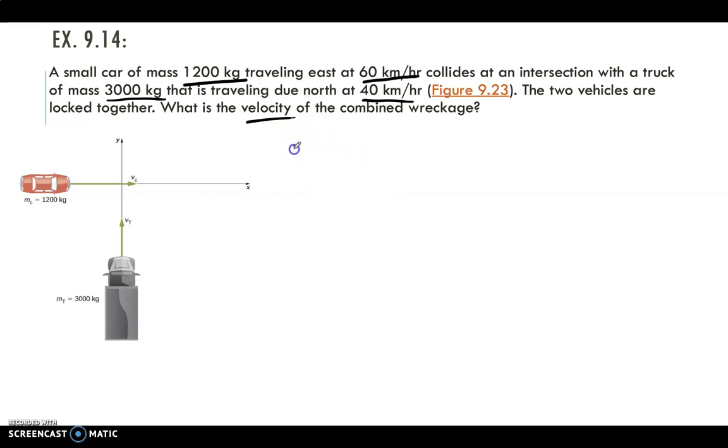So we would have P initial, comma x, and P initial, comma y. In our x direction, we just have this car, right? So we have mc times the velocity of the car, v sub c, and it's in the i hat direction.